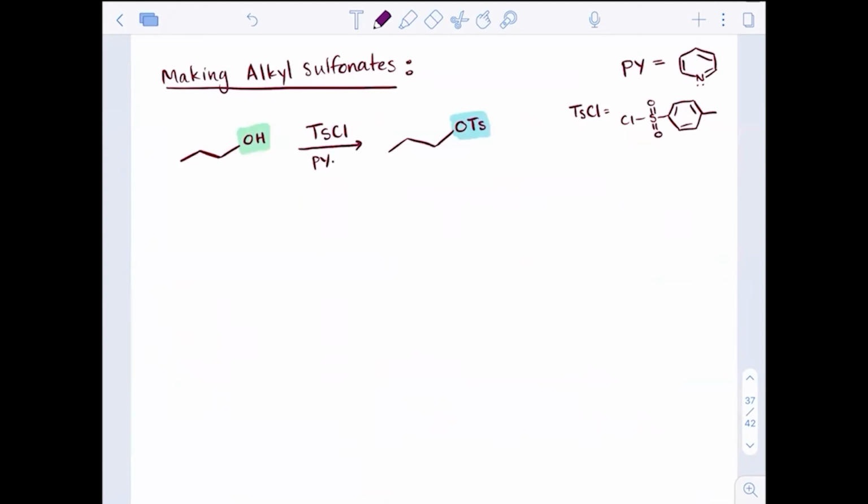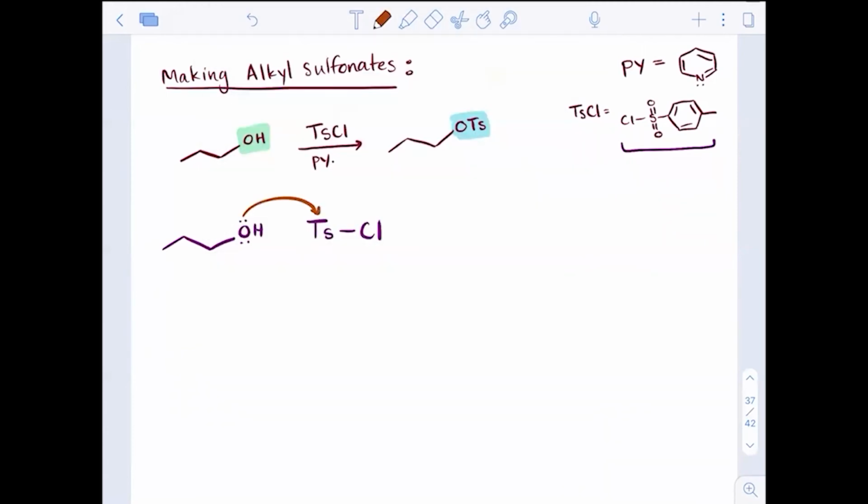So let's just think about how do we actually make the alkyl sulfonate. So we start with tosyl chloride, TsCl, molecule right here over on the side. But again, we like to abbreviate. So in this mechanism, what's really important to note is that we can actually abbreviate TsCl when we do these curved arrows.